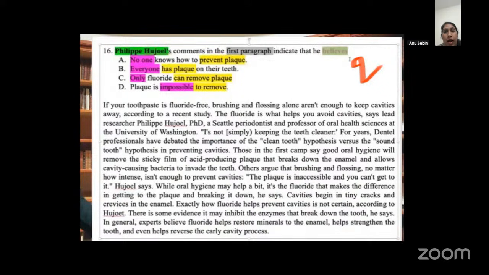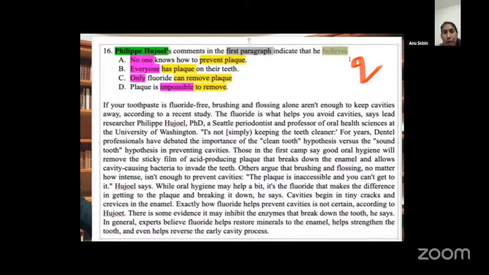We already marked the hedging words in the question. So in the options, we have to find concept-based hedging words. In option A, the concept-based hedging word is prevent plaque. In B, has plaque is the concept-based hedging word. C, can remove plaque.